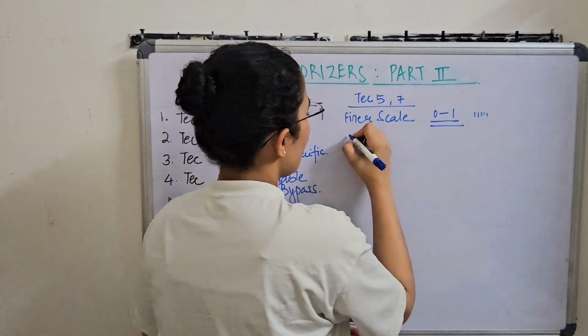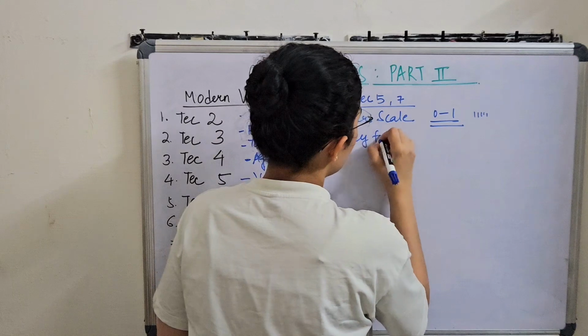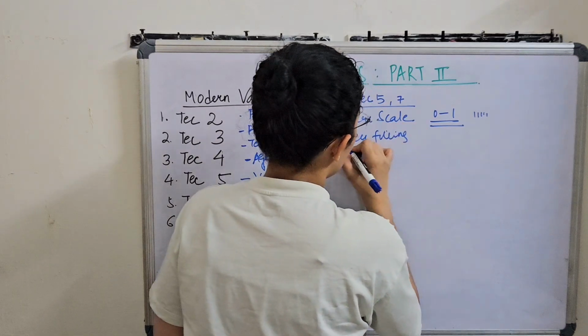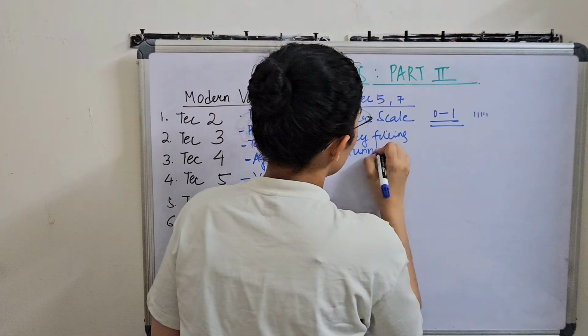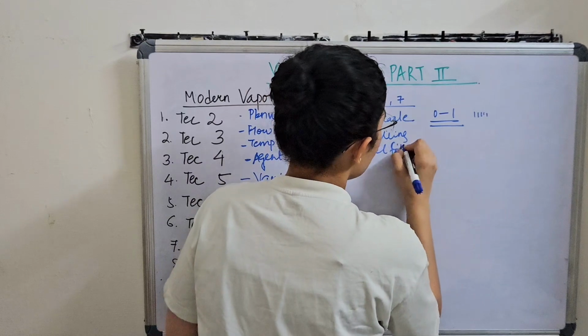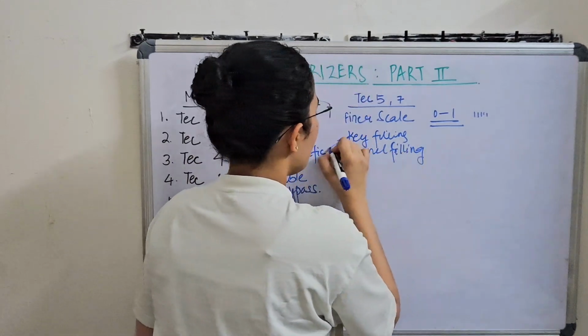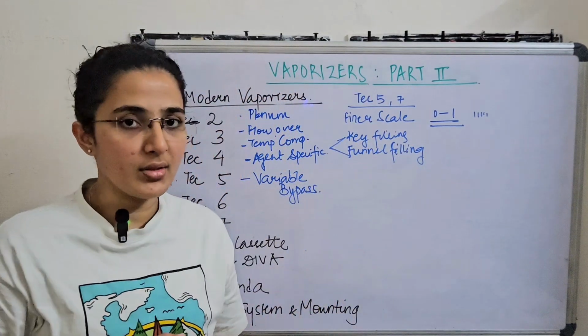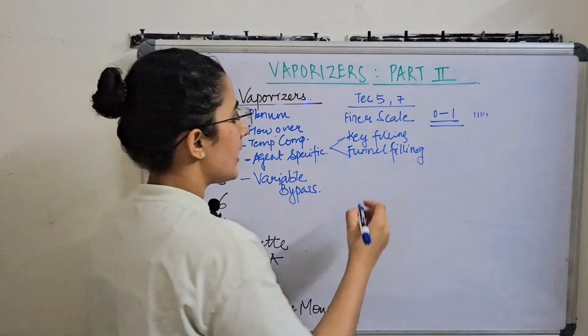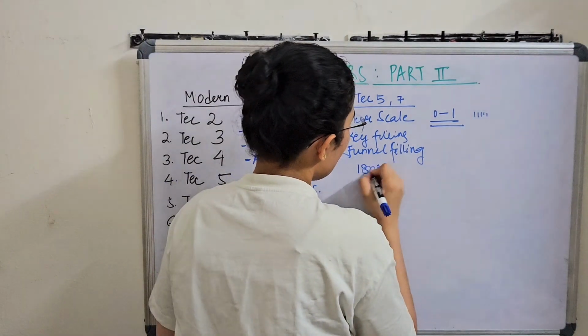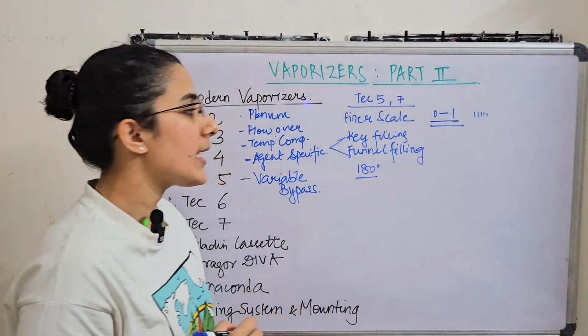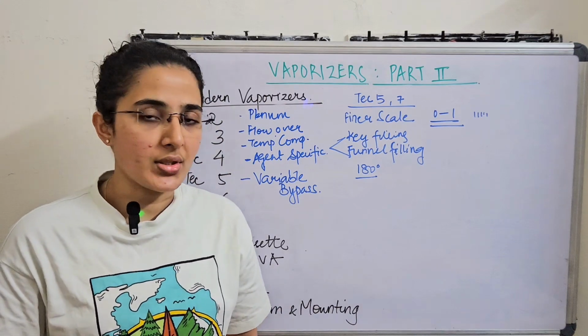Number 2, they have new key filling systems or funnel filling systems. This is an upgradation from the older models. Another thing is that they can be tilted up to 180 degrees without causing leaking of the vaporizing agent.